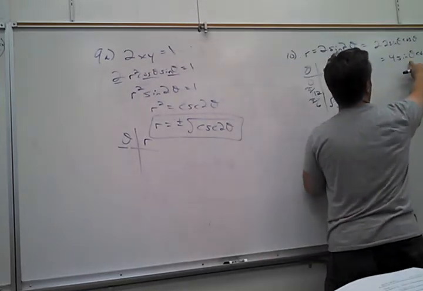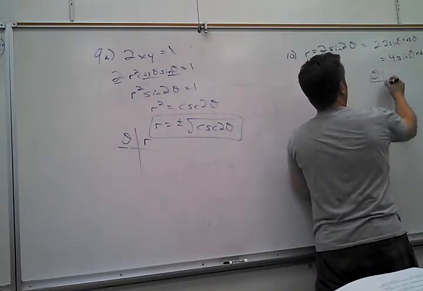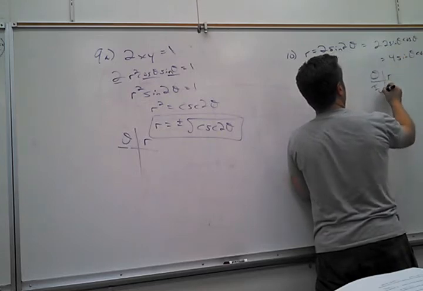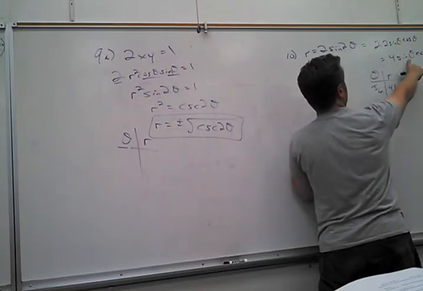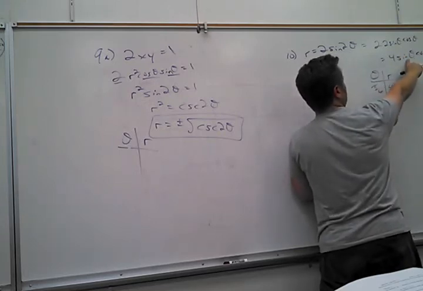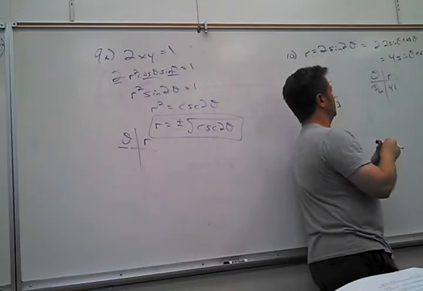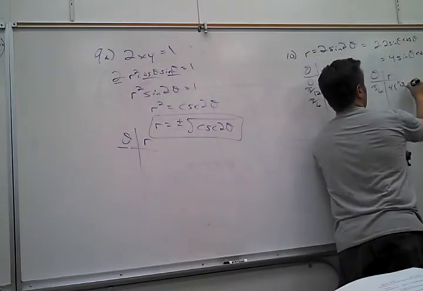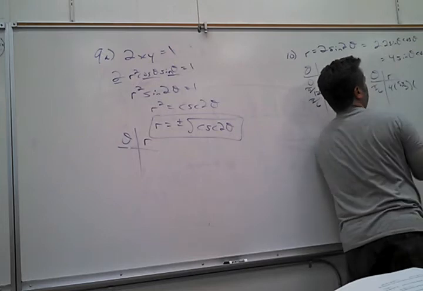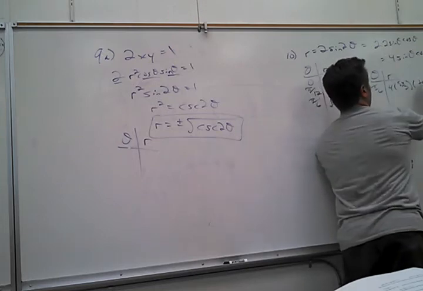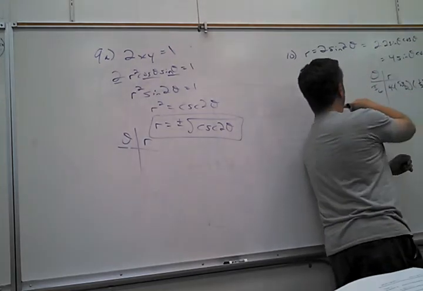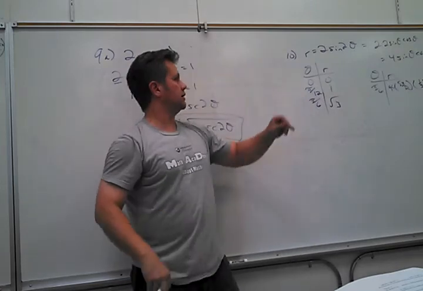Now what do you get when you plug a pi over 6 in there? You get 4 times sine of pi over 6, which is root 3 over 2. Cosine of pi over 6? 1/2. The 2's cancel the 4, you get root 3, the same thing. So it doesn't matter, because that is that.